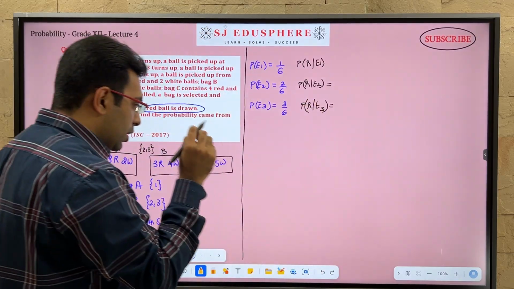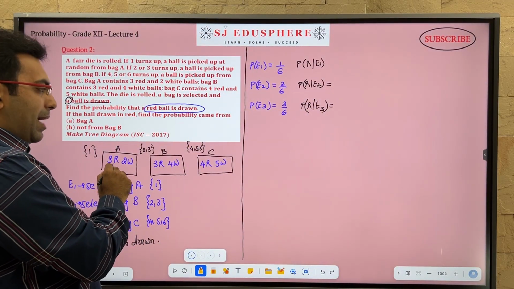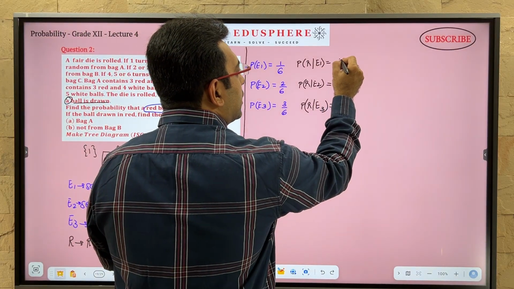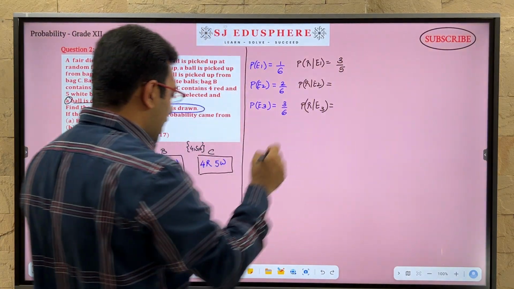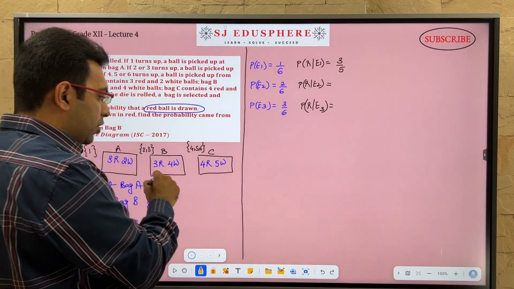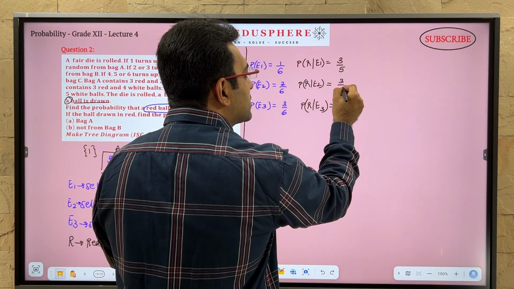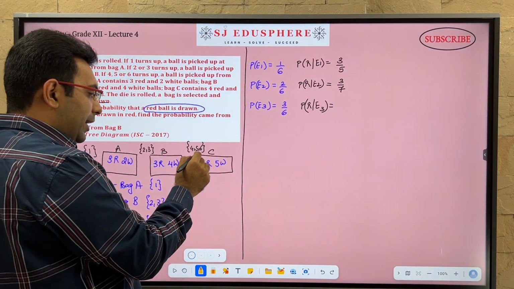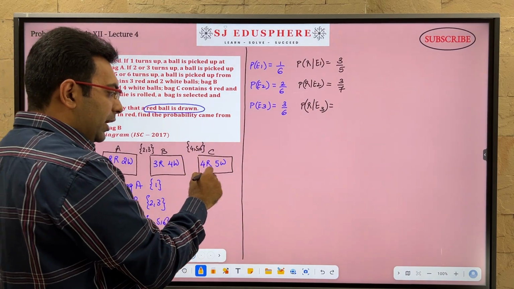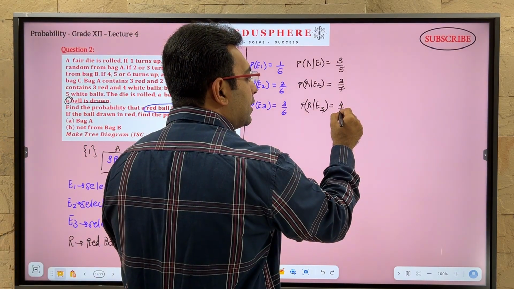Okay. So the chance of me getting a red from bag 1 is 3 out of 5. The chance of me getting a red from bag 2 is 3 out of 7. And the probability of getting a red from bag 3 is 4 out of 9.